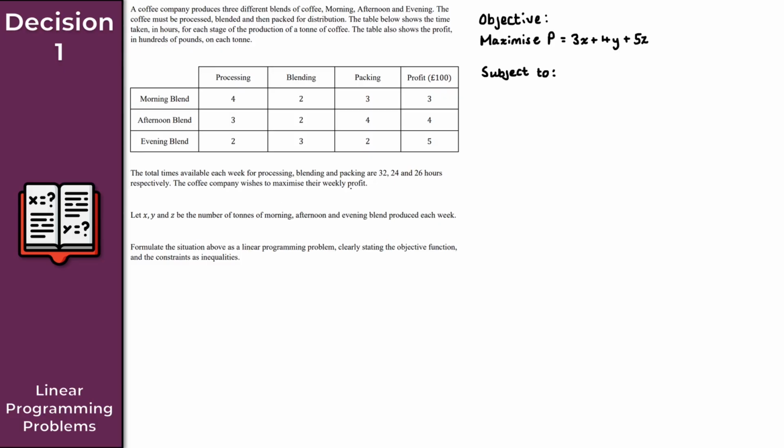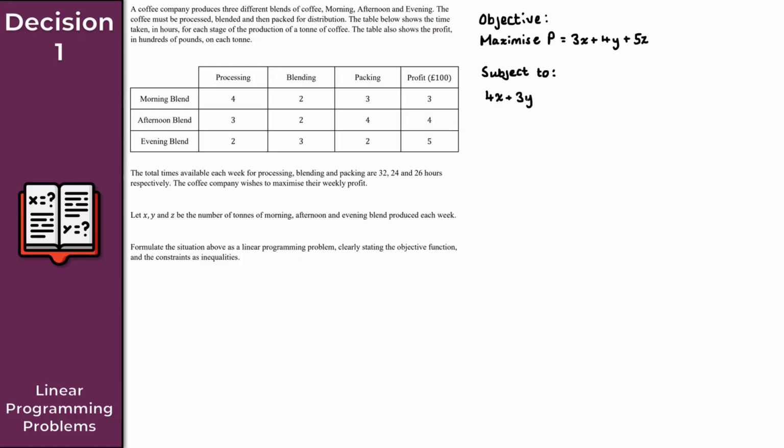As we mentioned before, the only constraint here is the total times available each week for processing, blending, and packing. So what I'm going to do is go down each column, processing, blending, and packing, because these are the constraints we're looking at. For my first inequality, similar to what we did with the objective function, I get 4x plus 3y plus 2z.